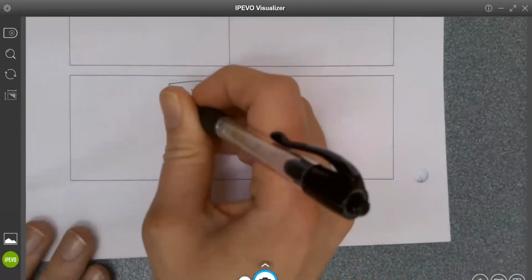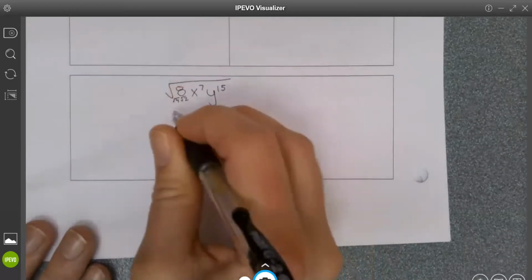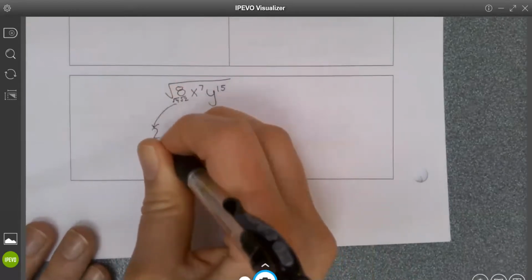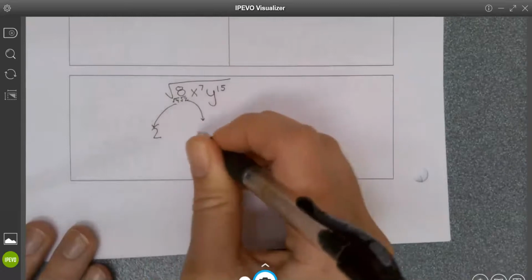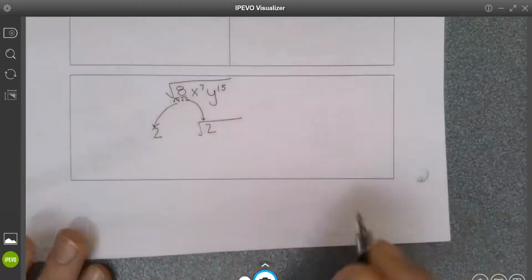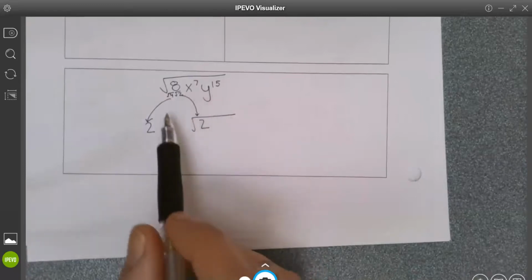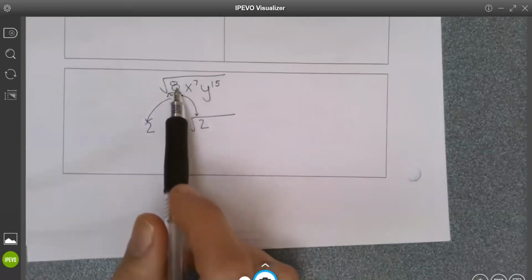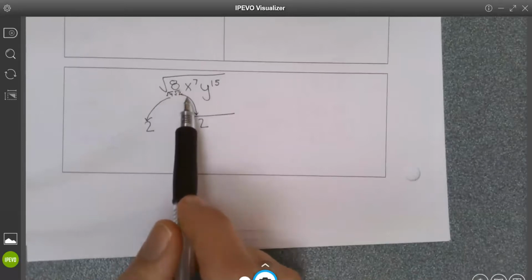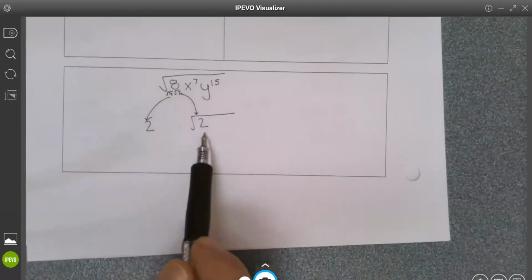And 8 would be 4 times 2. So I can evaluate the square root of 4, and the square root of 2 is going to stay inside my radical. And notice I left a gap here, and that's to go down through my other terms. Okay, 8 is 4 times 2, which simplifies, gives me 2 rad 2.